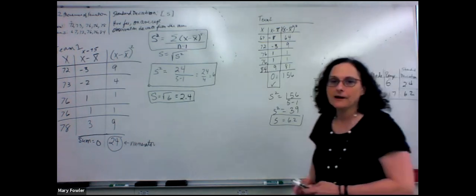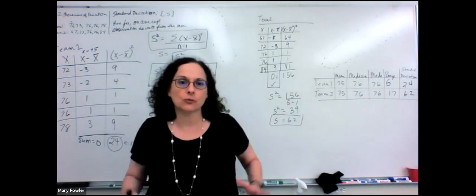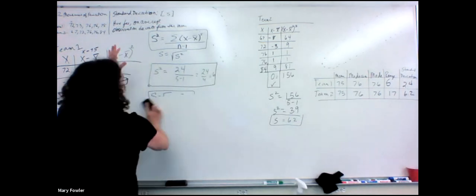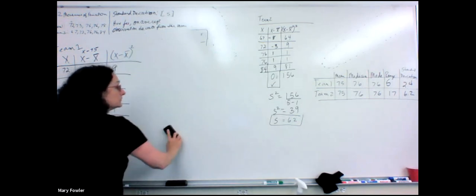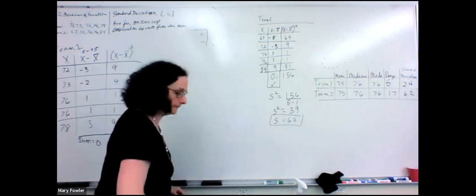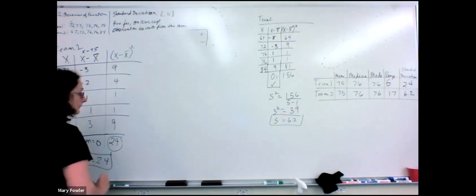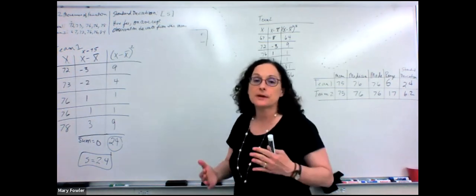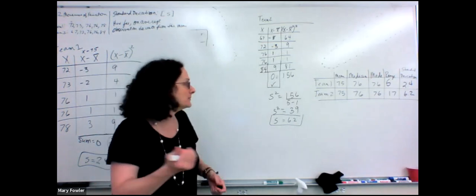Okay. All right. So now what I'm going to do is build a graphical representation of what the standard deviation is. I'm just going to put it over here. The first thing I'm going to do is build a dot plot, a side-by-side or up and down dot plot for team 1 and team 2.